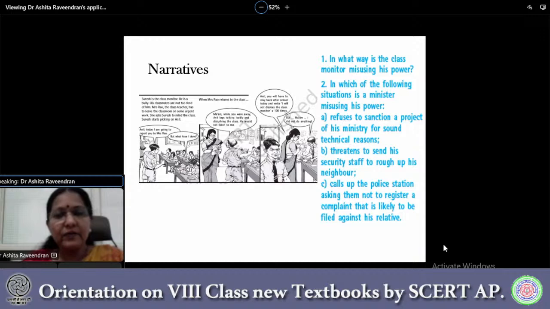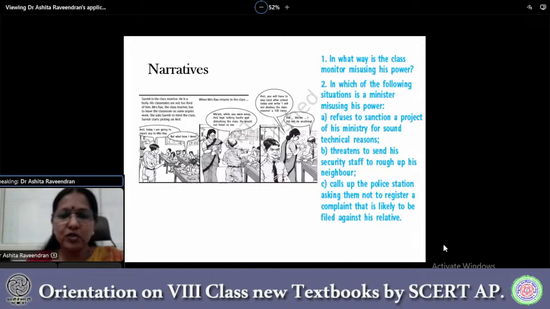Now we have narratives also being given. This is not just attractive for the learner. It also provides very good information, a narration about a situation, and they start thinking about it. So it's interesting to read such storyboards, and it makes them think. Here there is a monitor who is taking advantage of his situation of being a monitor and harming other students by telling the teachers things which have not happened in the classroom.